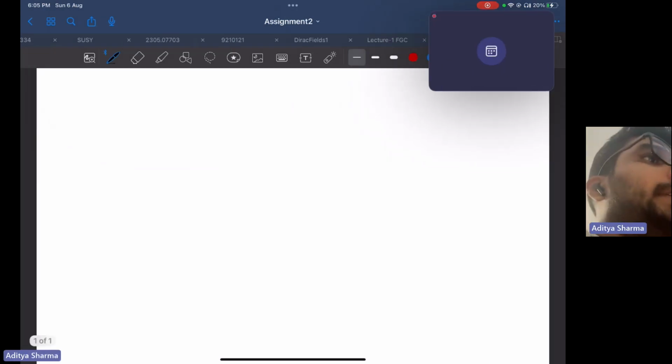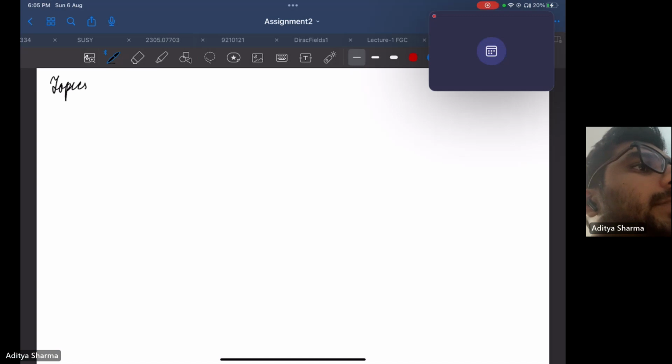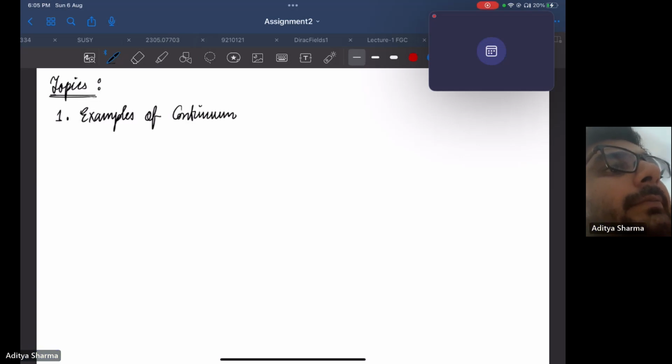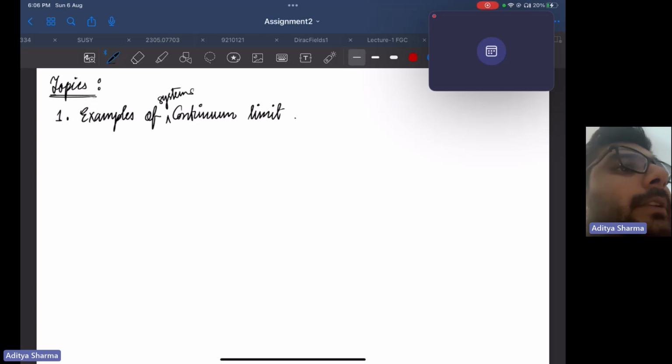So this week's lecture contained the following topics. First were some examples of continuum limit, examples of systems where we take the continuum limit.